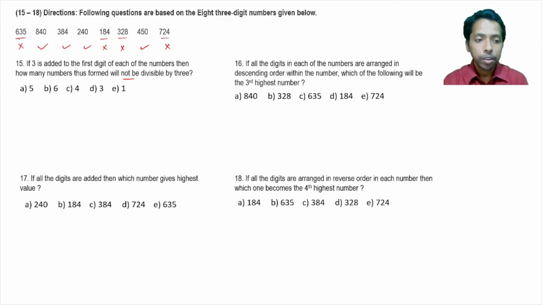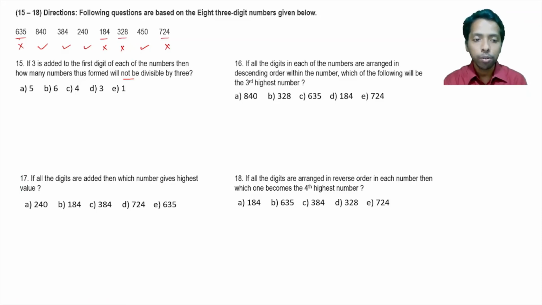Now here you can see 6, 3, 5 is here, 5 plus 3, 8. For the confirmation I am talking, right? 635 is there, so 5 is not divisible. Adding 3 would not be divisible.